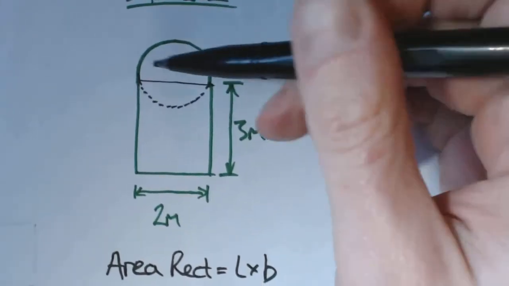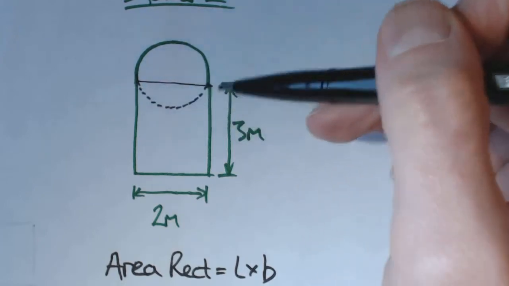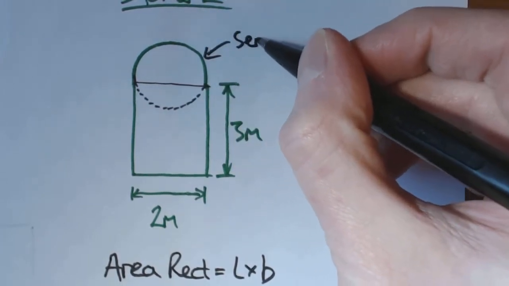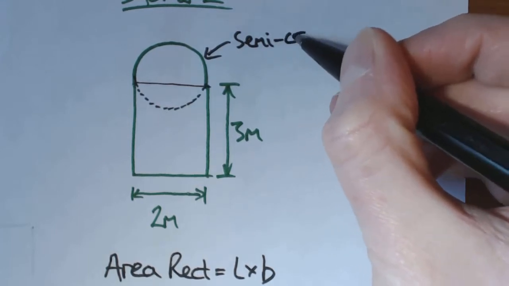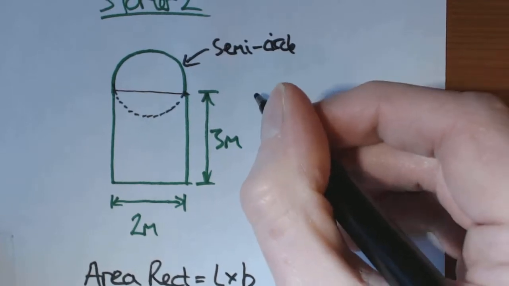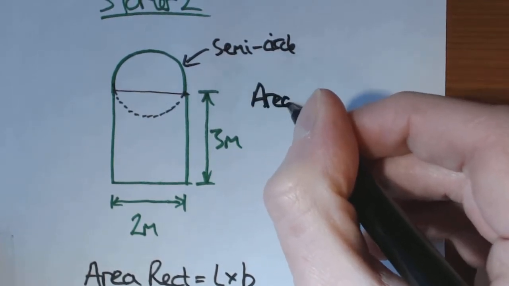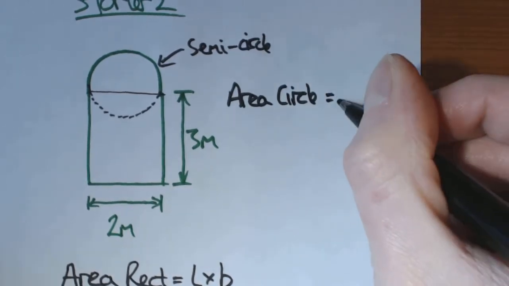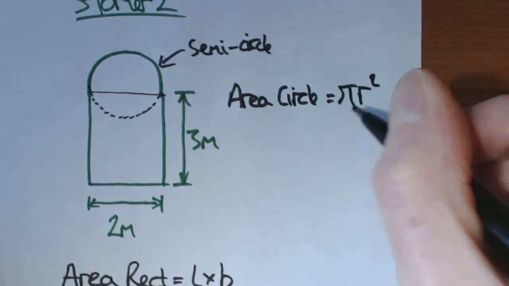Right, we then have to think about, well, what's the area of this top bit? Okay, so the top bit, this is a semicircle. Now, you know how to calculate the area of a circle, because what we have is area of a circle equals pi r squared.